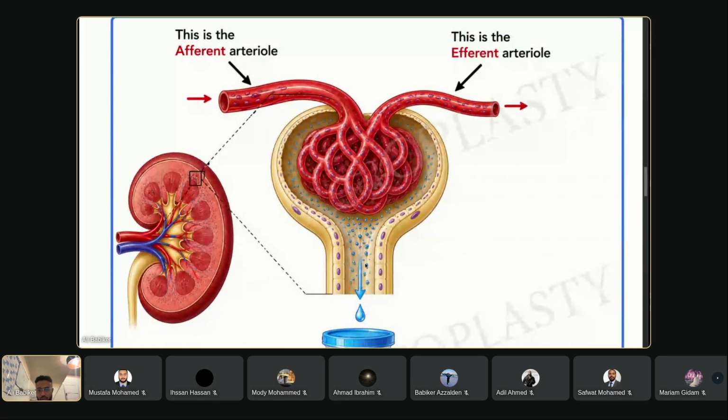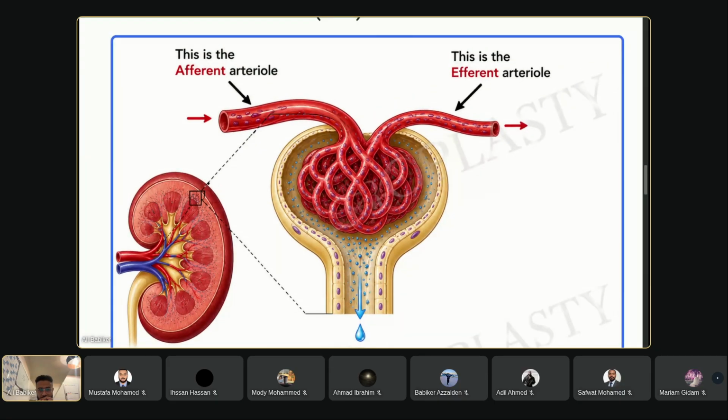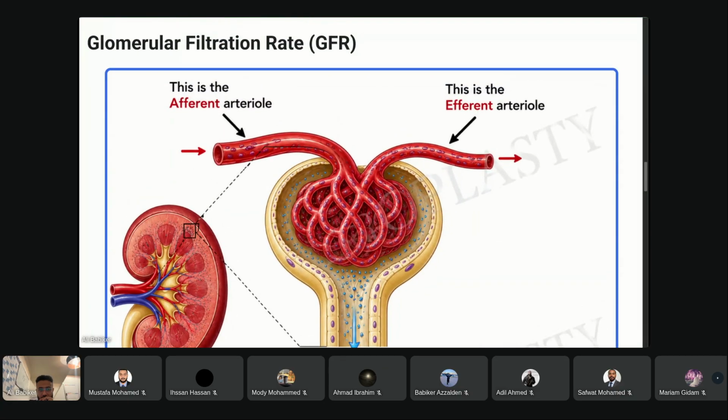And when it comes to the tubules, it's not reabsorbed at all. If you have these three characteristics, that means you will be able to measure the renal blood flow. Do you understand? Give me a thumbs up if you understand it.